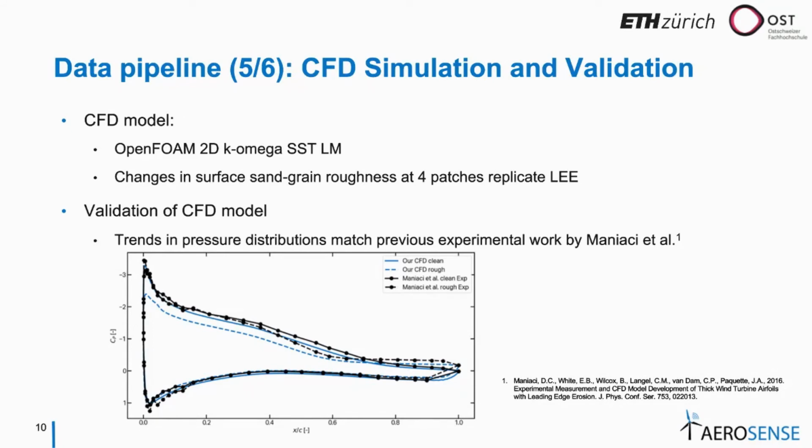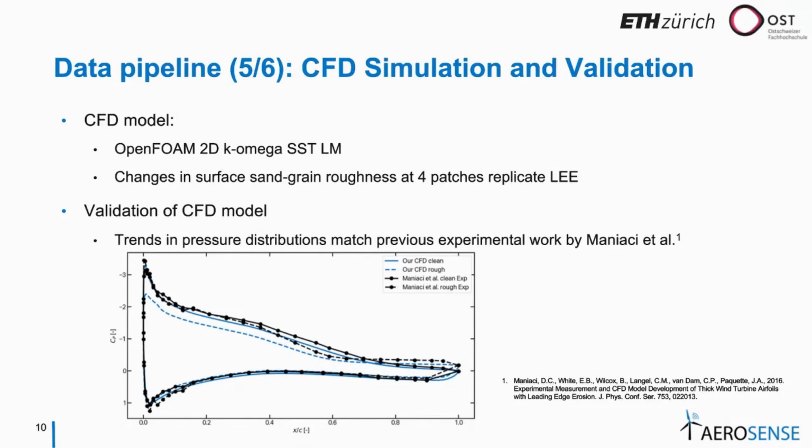There are quite a few experimental results where we can fine tune the roughness values of our wall function to match the actual behavior that we would see in the pressure distribution. And this is one of the studies that you use from Maniaci. Yeah, there are a few others also.